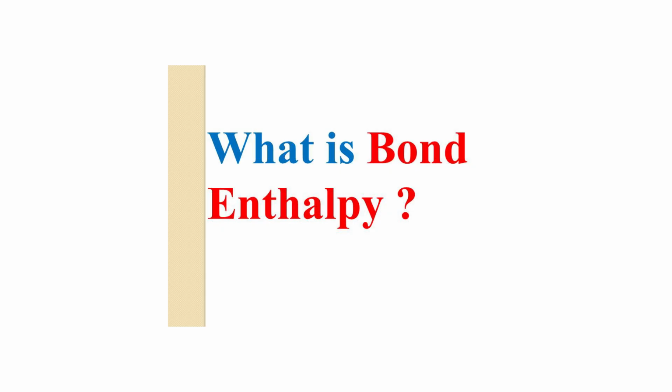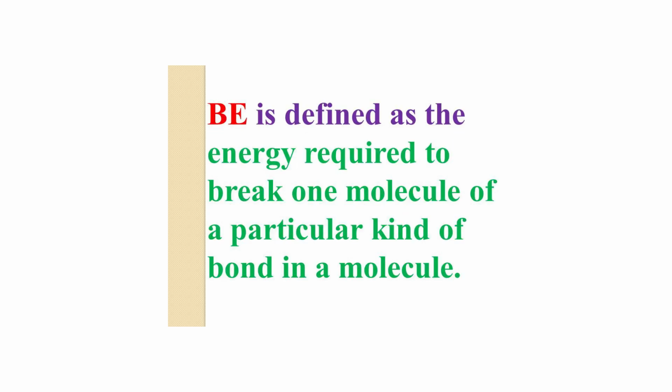Students, what is bond enthalpy? Can you define the term bond enthalpy? It is defined as the energy required to break one mole of a particular kind of bond in a molecule. That is the average energy required to break one mole of a particular kind of bond in a molecule. What about the bond enthalpy of hydrogen molecule?